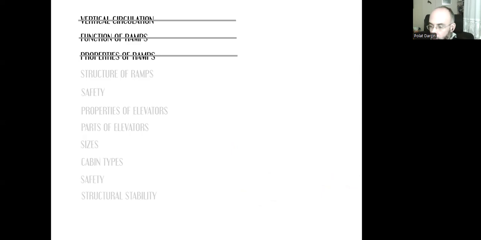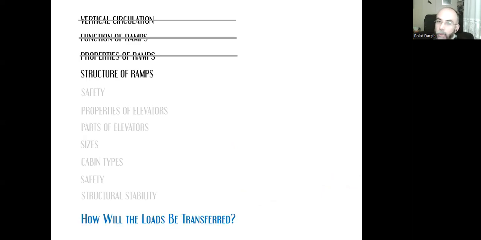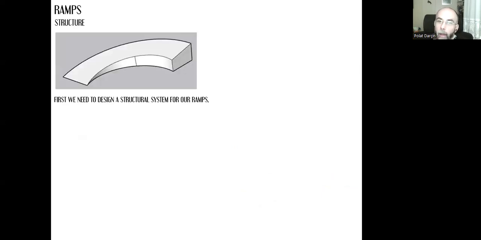They need resting. How will the loads be transferred? We need to think about the structural components of the ramp, just like we learned the structural components of the stairs. There will be loads once the user steps on the ramp. The load of the user, the load of the wheelchair, the load of the stuff they are carrying.